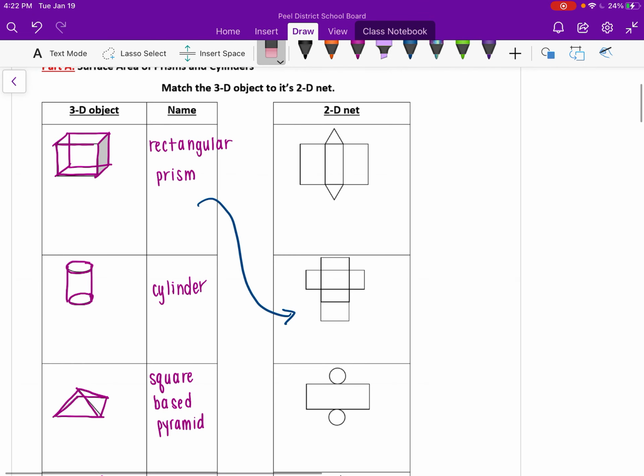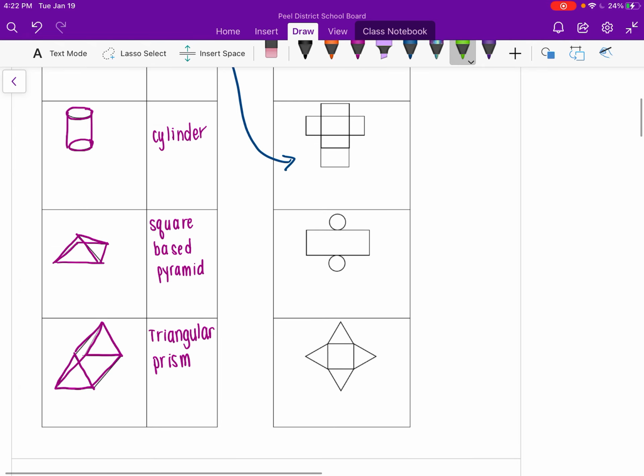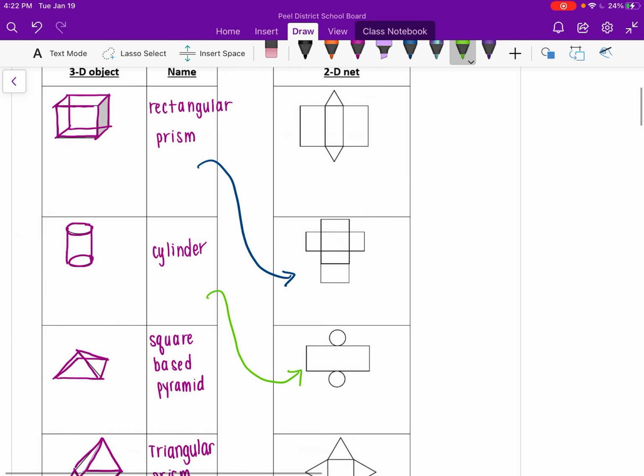Then I know I have a cylinder. So I know my cylinder has two circles at the top and then a little rectangular piece in between, right? Which one has two circles? This one has two circles, so it's this one. My square-based pyramid means that I have a bunch of triangles sitting on a square base, right? I got that square base at the bottom, and then I got a bunch of triangles popping out.